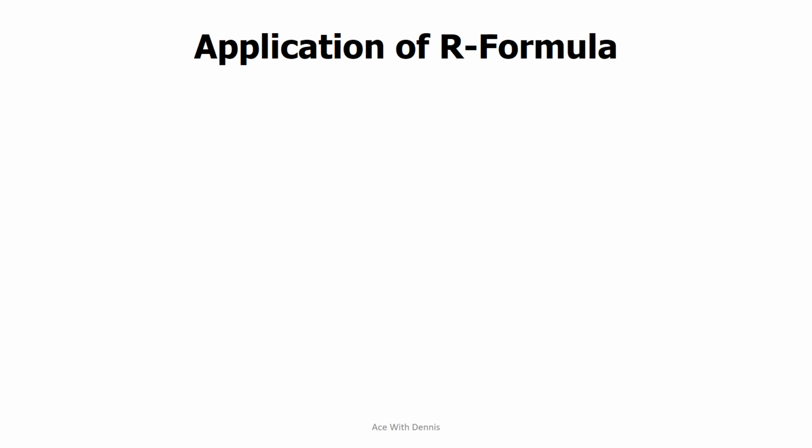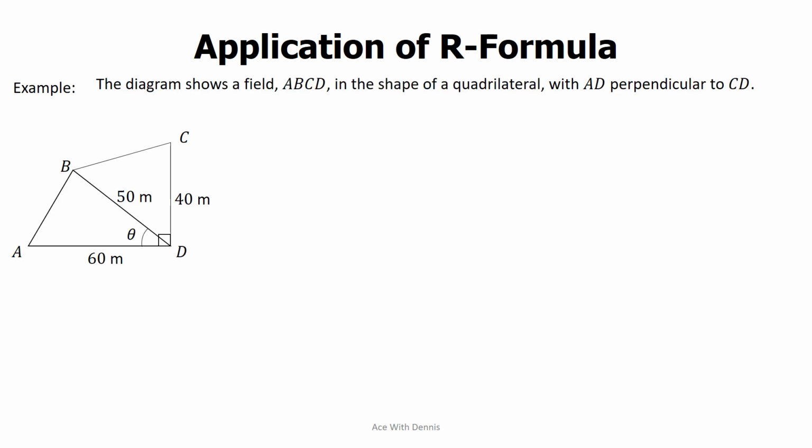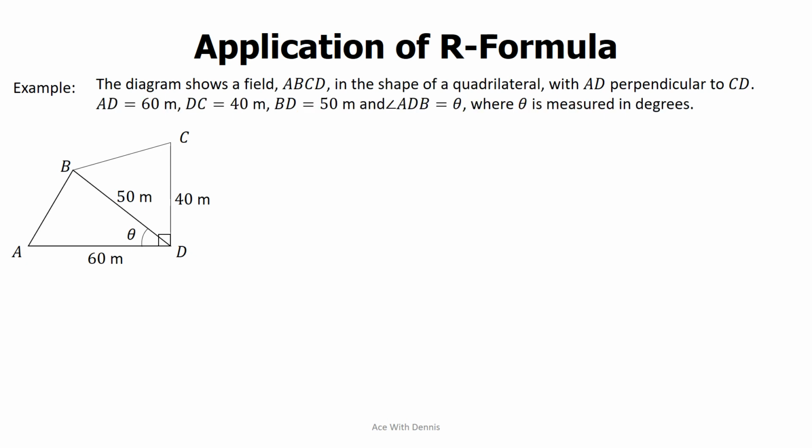Now let's look at an application of R-formula. Here is the example. Given this diagram, the diagram shows a field ABCD in the shape of a quadrilateral with AD perpendicular to CD. AD is 60 meters, DC is 40 meters, BD is 50 meters, and angle ADB is theta, where theta is measured in degrees.